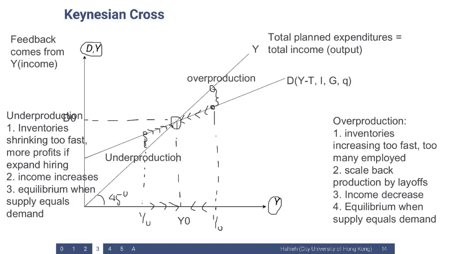And so that's captured by an aggregate demand curve that has a slope closer to 0, something that's less steep. This is why it's called a Keynesian cross. This line here is our aggregate demand function.